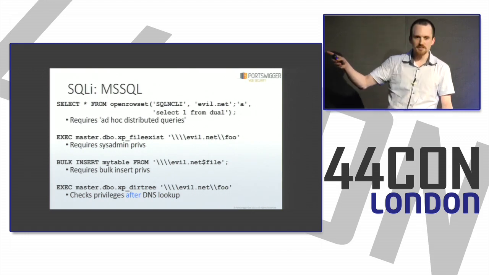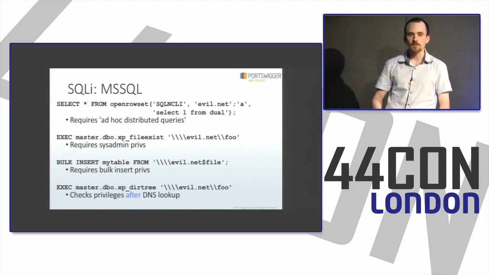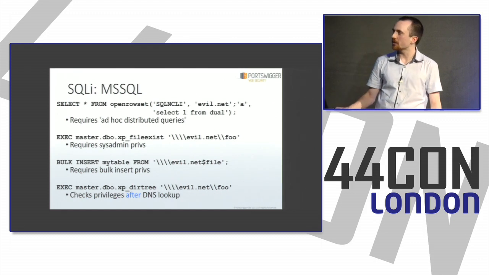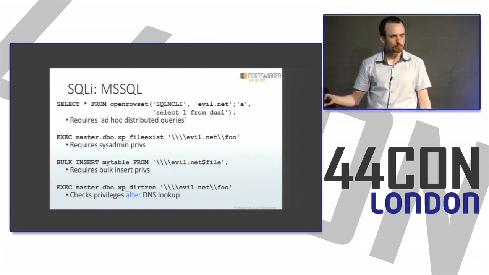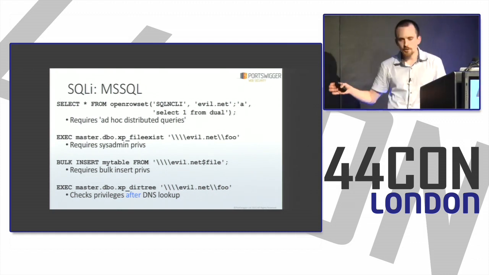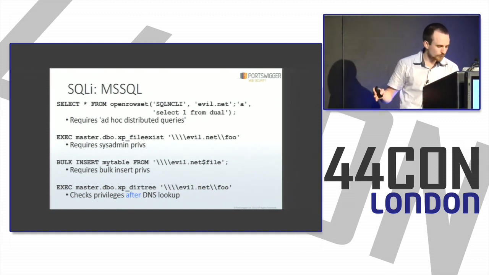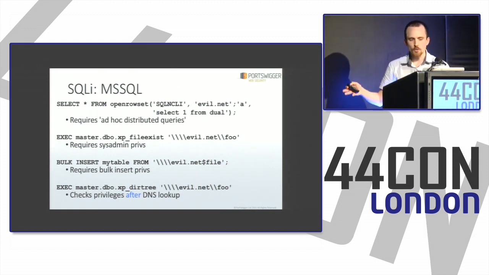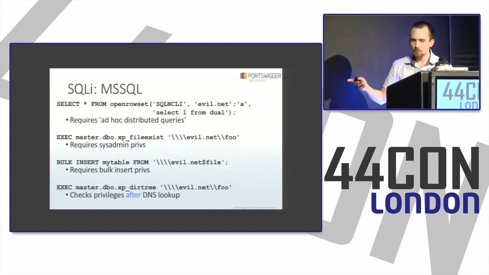So if you try and execute that with no privileges, it will tell you this failed. However, at the point at which it tells you it failed, it has already done a DNS lookup. So we can use this to find Microsoft SQL injection in an asynchronous way with no privileges required for the database account whatsoever. Hopefully, that never gets patched.